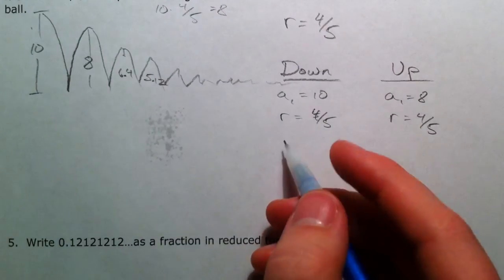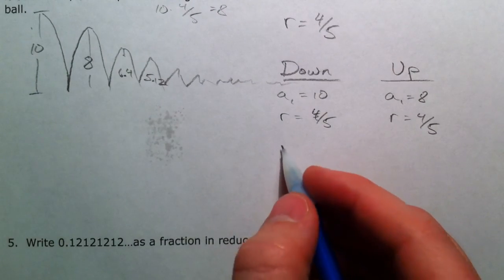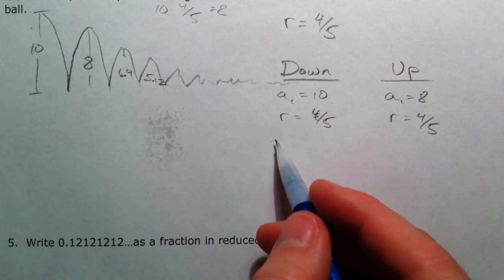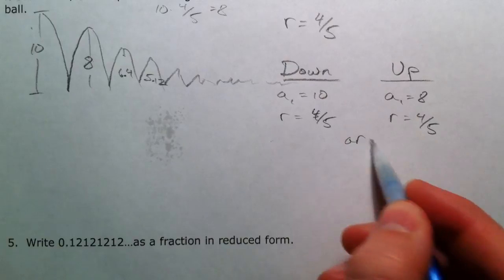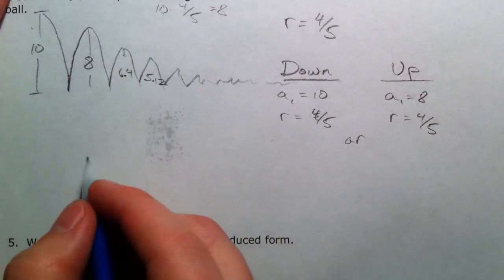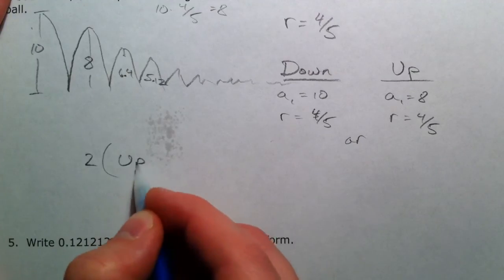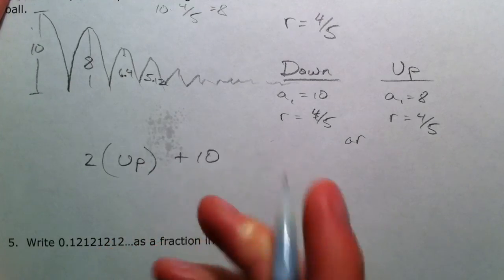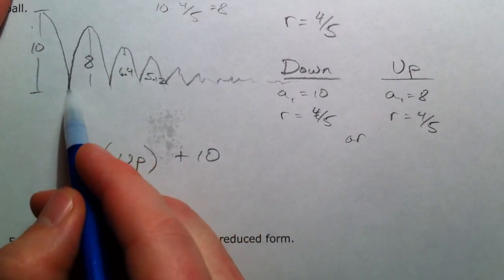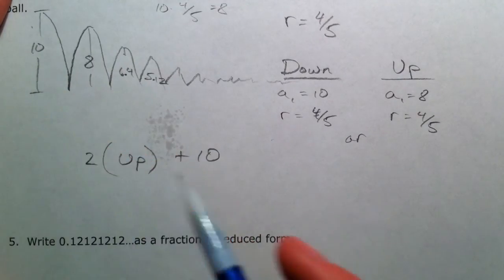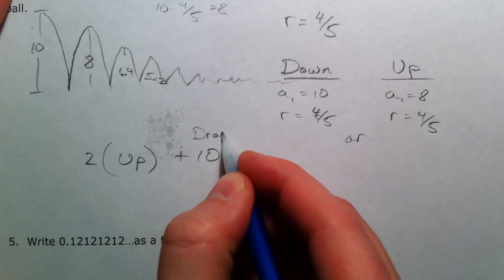The sum of the down and up, or we could just do 2 times the up and then add 10. Because it's the up and down, they mirror each other, and then I'm just going to add the 10 for the drop at the beginning, initial drop.